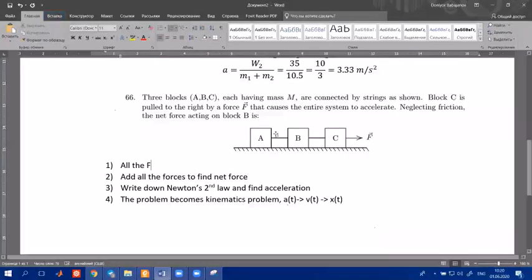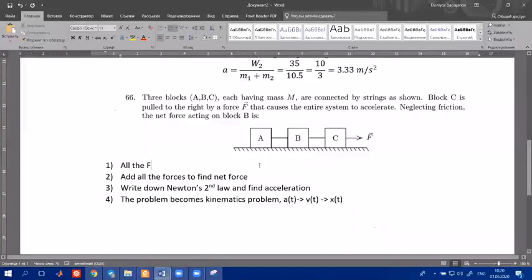We are interested in the horizontal motion of this system, so we are not interested in the vertical motion. Also, the weight forces of each block will be compensated by reaction forces directed upward.